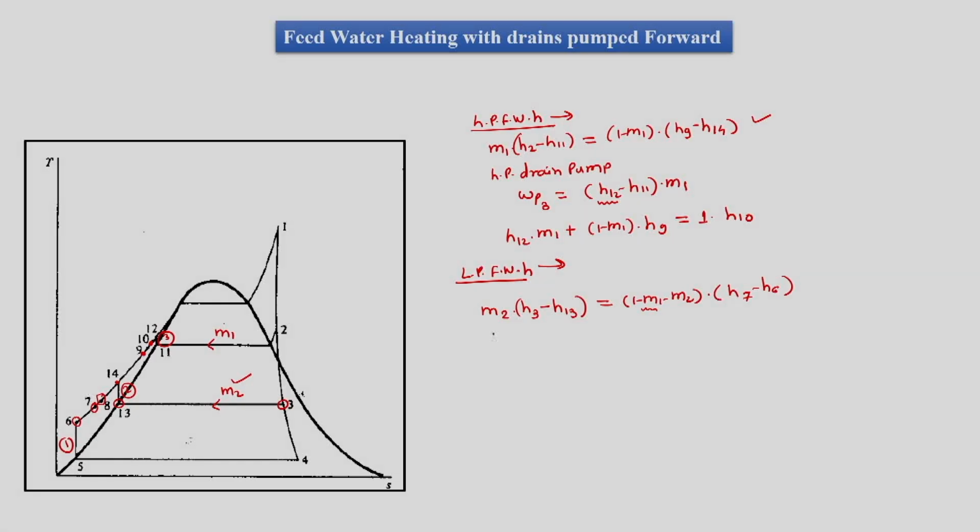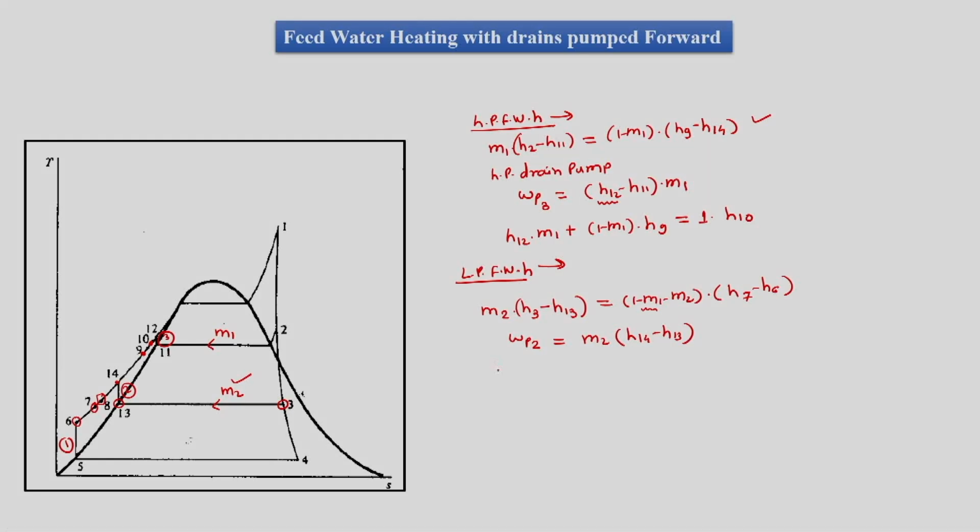How is state 8 obtained? We are saying that there is a pump, which is pump 2, a drain pump which is handling mass 1 minus M1 minus M2, sorry, it is handling only mass M2, and since it is handling mass M2, it is raising the enthalpy from 13 to 14.